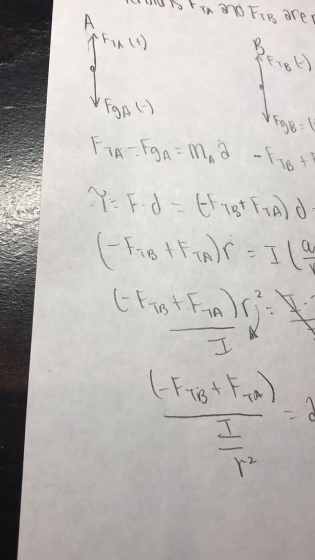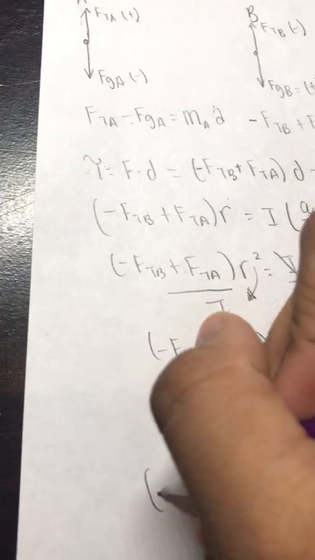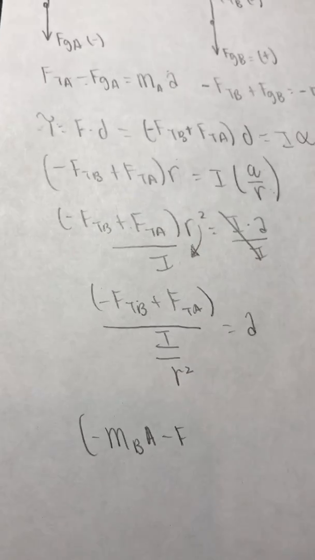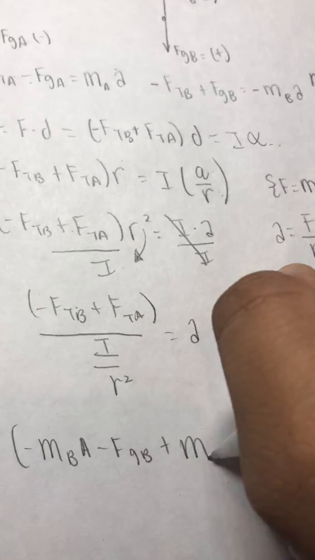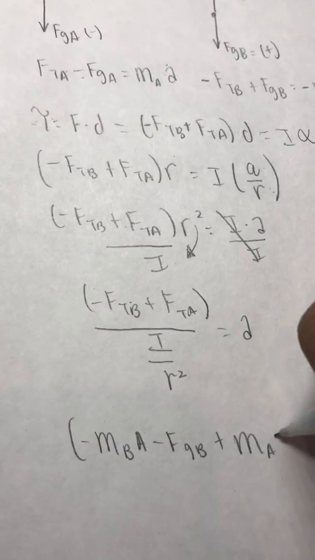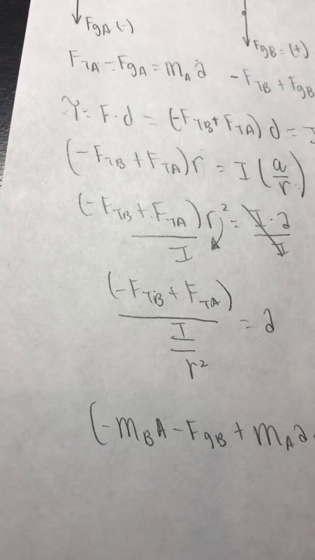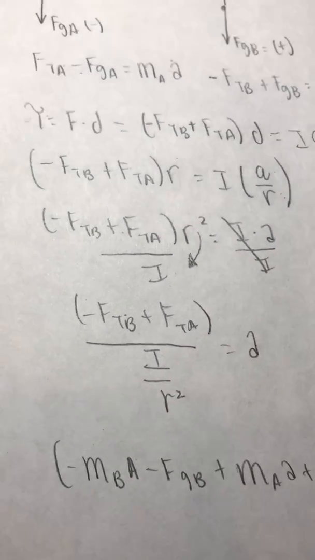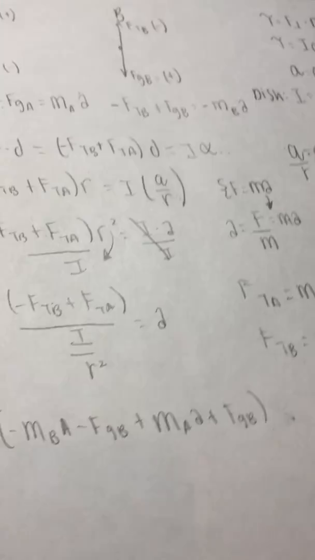So once I have those, I'm going to just substitute them in. So then I'm going to plug this one in, and remember there's a negative, so we have to distribute that in. So I'm going to have negative MB minus FGB, and then same thing for this. So I have that, right?